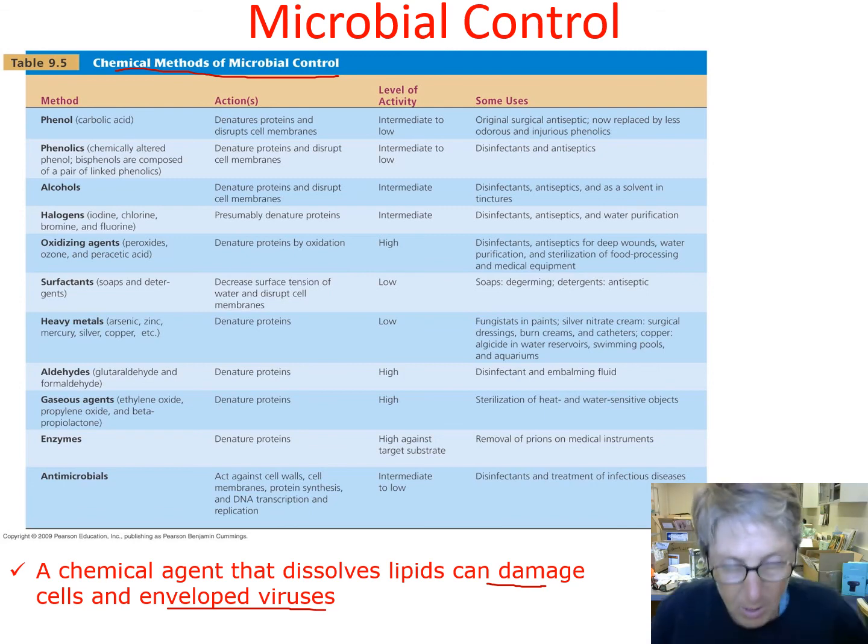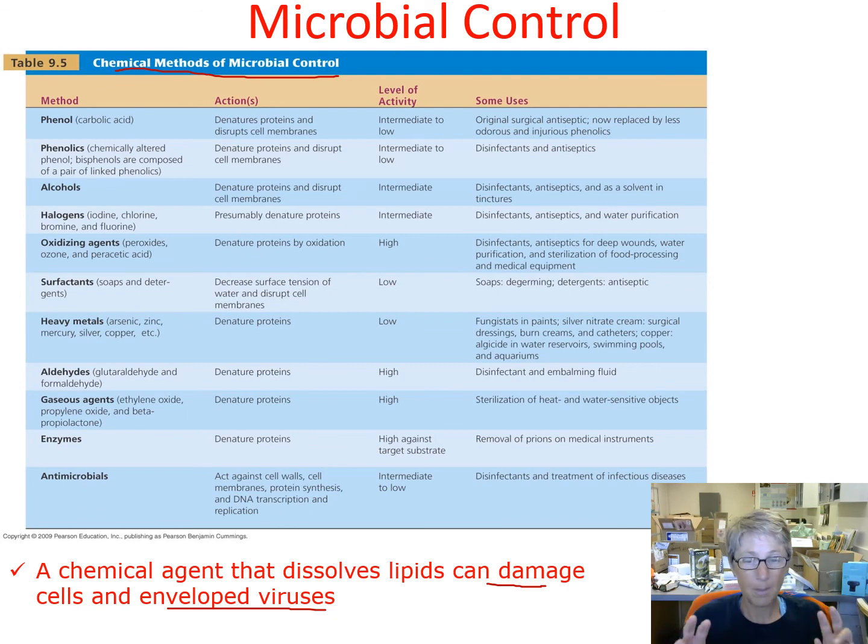If you're a chemical agent and you can dissolve a lipid, you can damage the phospholipid bilayer of the bacterial cell. And remember, enveloped viruses, when they left your cell, took some of your phospholipid bilayer from your plasma membrane with them, and that made them an enveloped virus. The end.